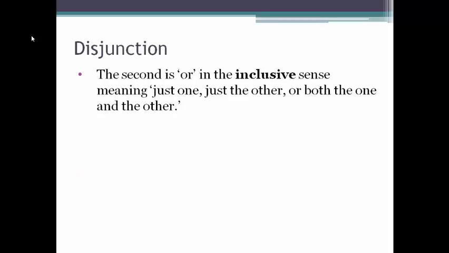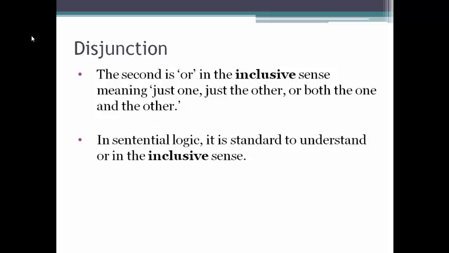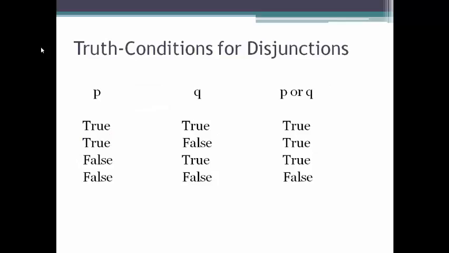The second sense of or is the inclusive sense, meaning just one, just the other, or both the one and the other. So if a bridge is open for pedestrians or bikers, that means either pedestrians can use it, or bikers, or both. In sentential logic, it is standard to understand or in the inclusive sense.